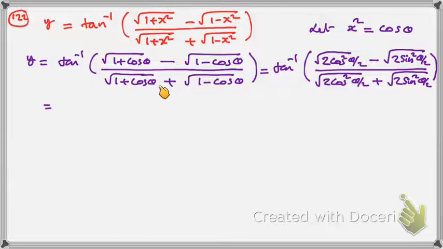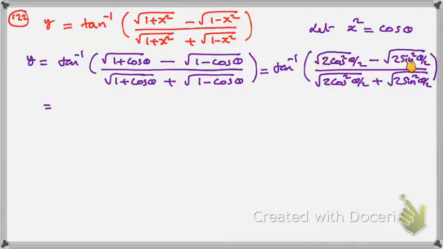See here again, 1 plus cos theta is 2 cos square theta by 2, 1 minus cos theta is 2 sine square theta by 2. In the next step, when we simplify, you can see that there is a root 2 common factor in the numerator and a root 2 common factor in the denominator. If you take the common factors out, root 2 and root 2 will cancel. So there won't be any number left.